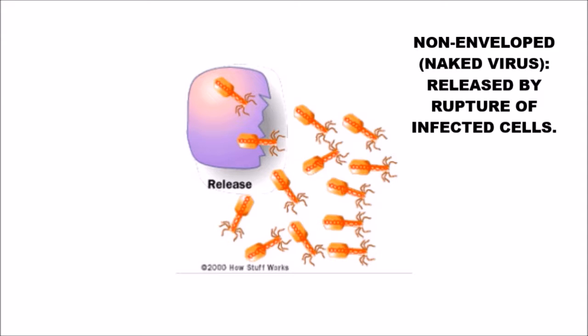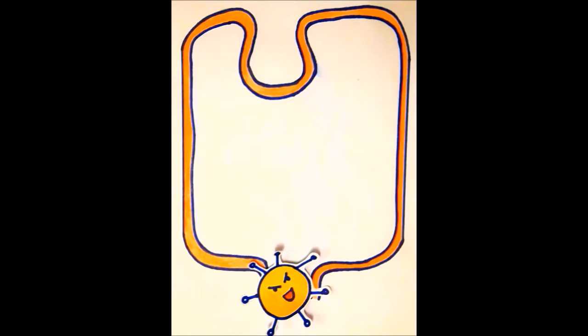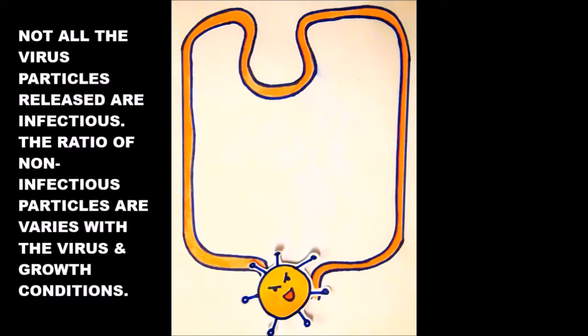Naked virus will be released by rupture of infected cells. Bear in mind that not all released viral particles are infectious. The ratio of non-infectious particles varies with the virus and growth conditions.